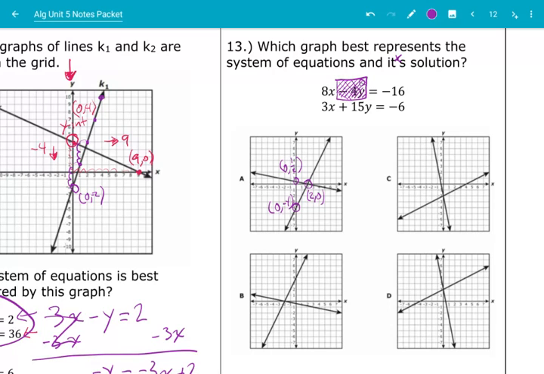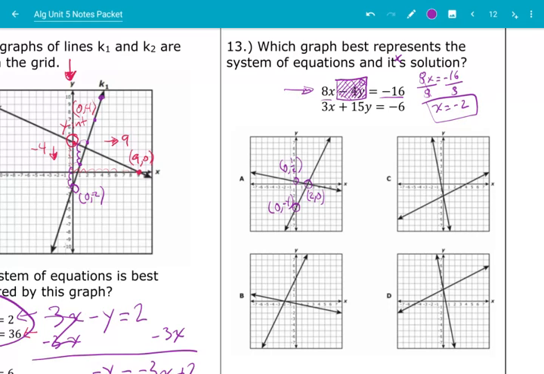So that goes away. So now I just solve what's left. 8x equals -16. I'm just going to divide by 8. And that gives me x equals -2. So the x-intercept here is -2.